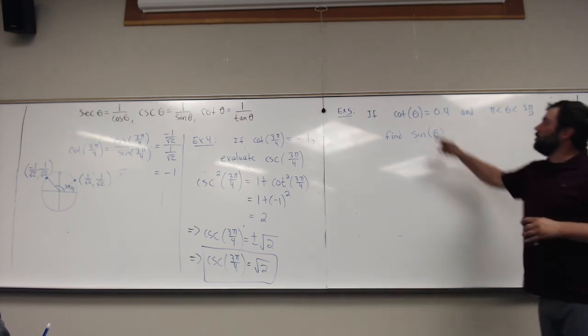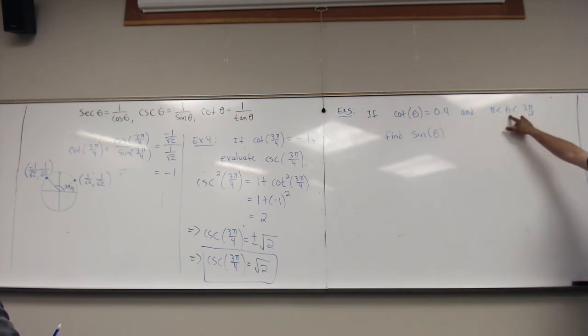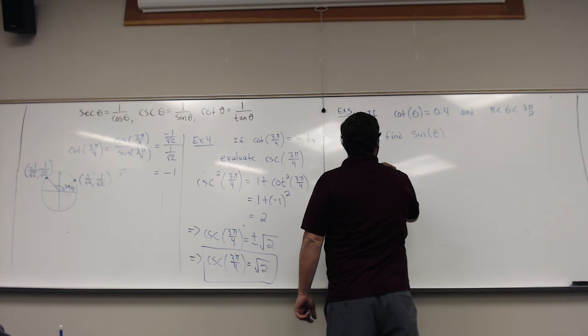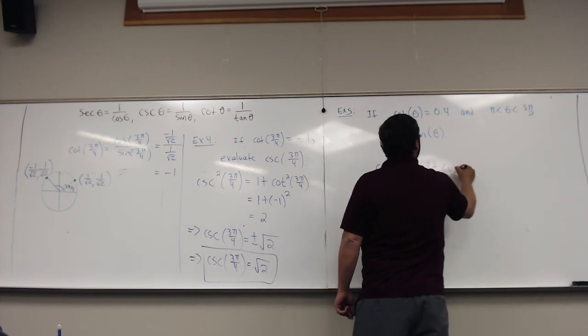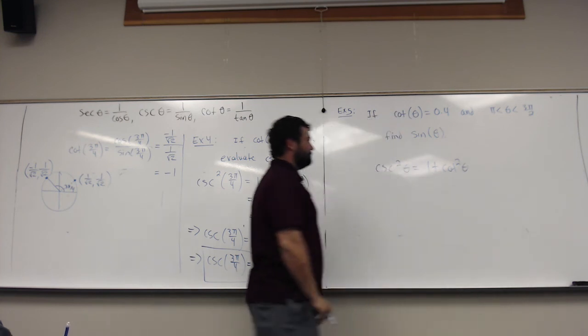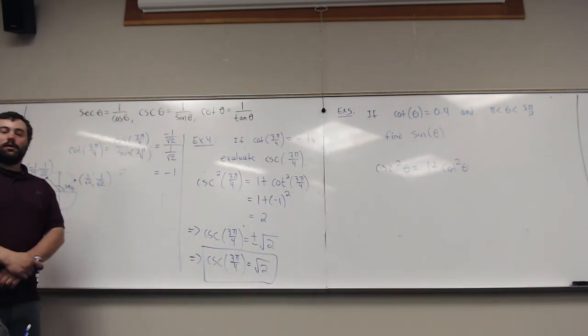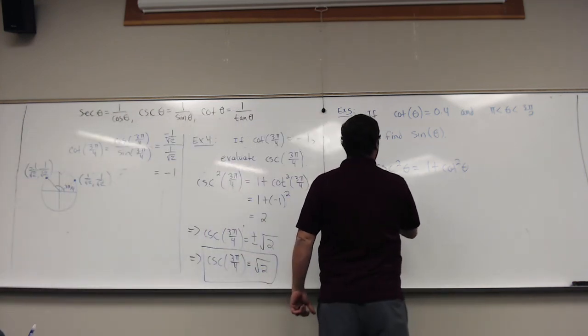So if you don't know what the angle is, but you know the value of one of the trig functions and where the angle is located, you're going to have to use your Pythagorean identities. The only Pythagorean identity that involves cotangent, again, is cosecant squared theta is 1 plus cotangent squared theta. And then I could replace cotangent with 0.4.